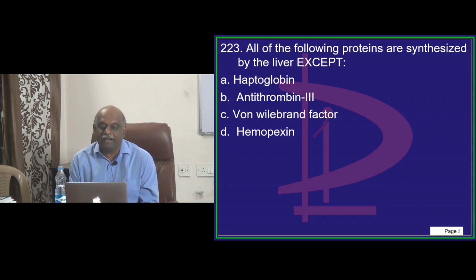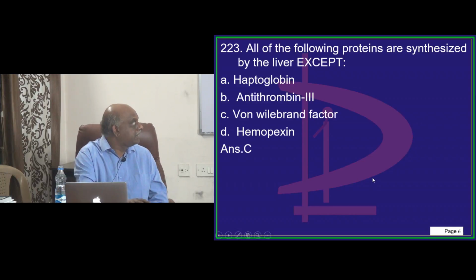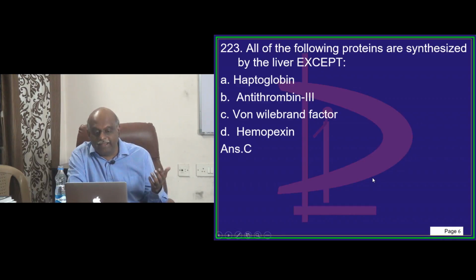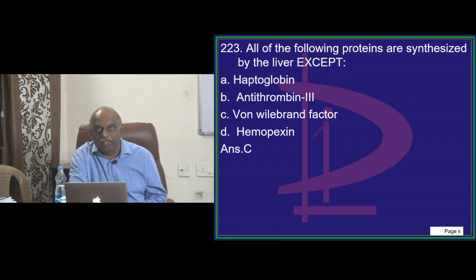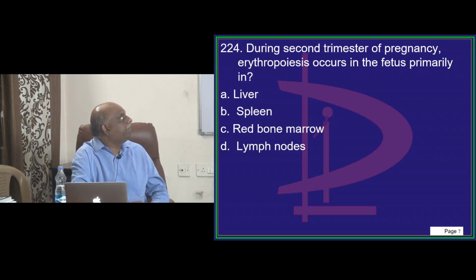That's right. Von Willebrand factor is present in the Weber-Palade bodies. Absolutely right. So antithrombin 3, haptoglobin, hemopexin, they're all produced in the liver is what you should remember.